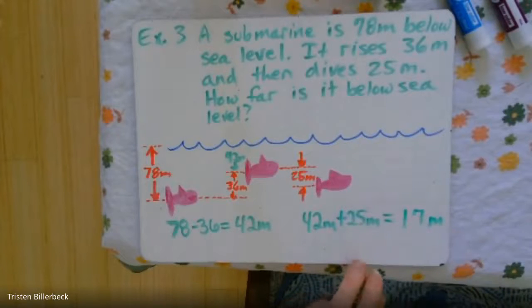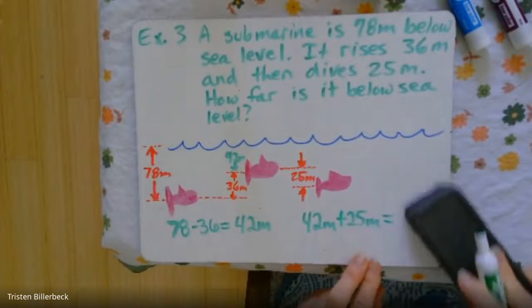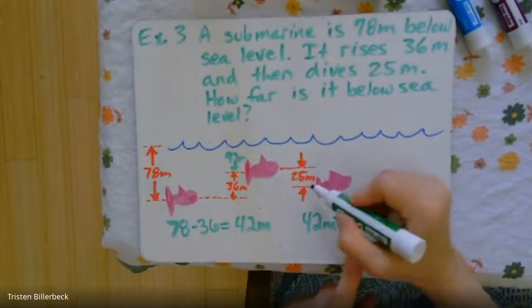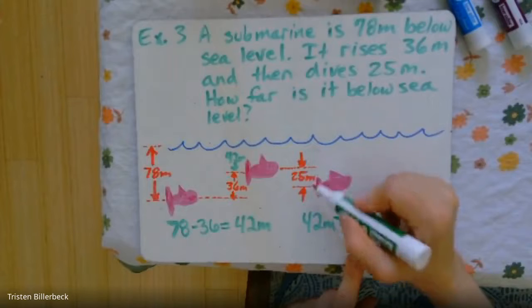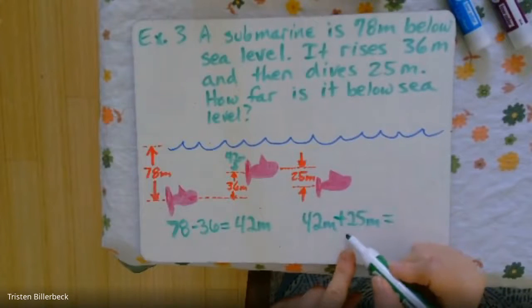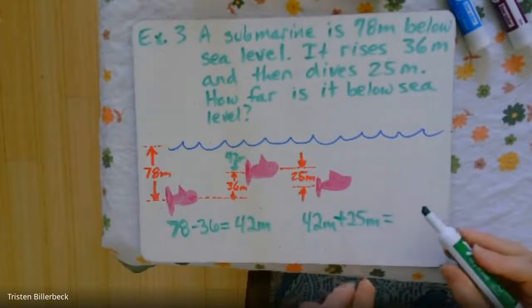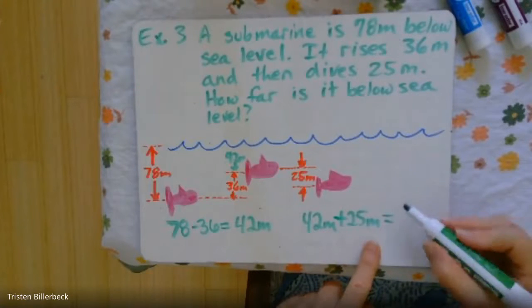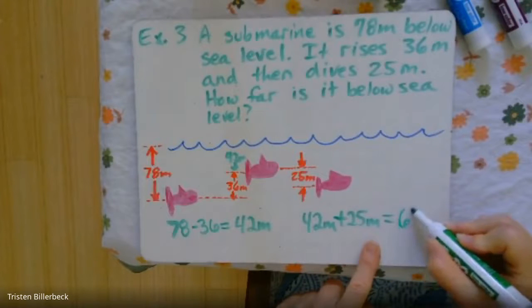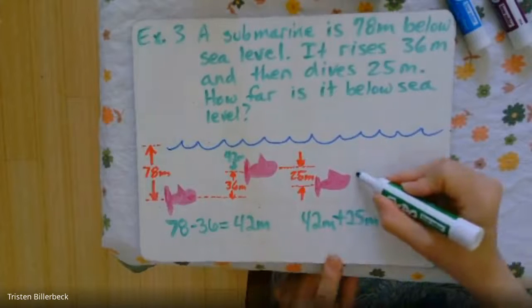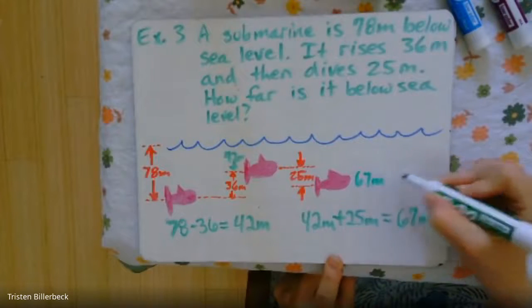We're adding to the depth. I almost messed up because my submarine is not rising, it is going down. So we're adding to the depth. Okay, so 42 meters plus 25 meters ends up 67 meters. So this is 67 meters below.